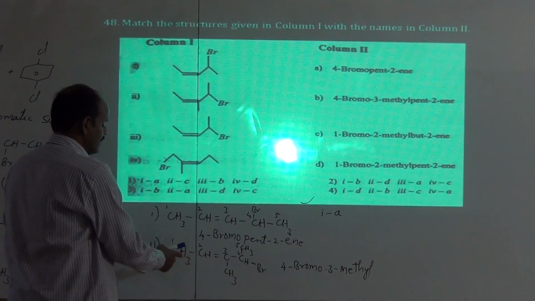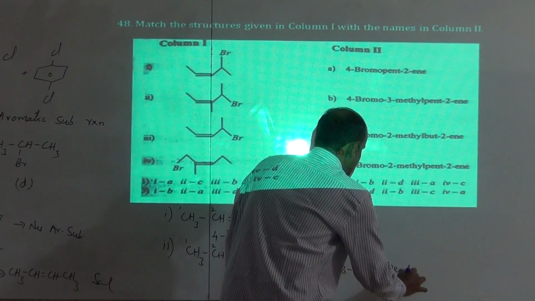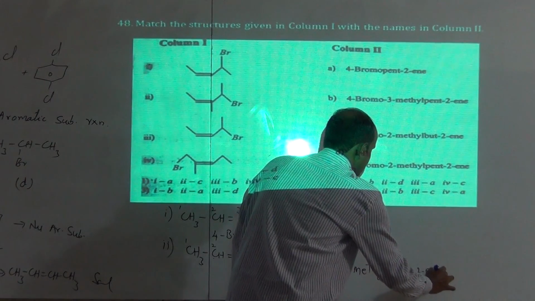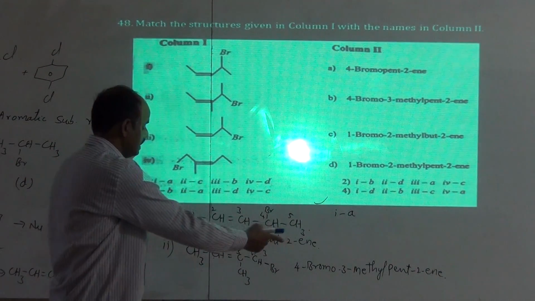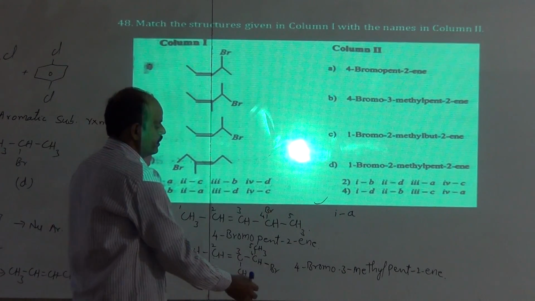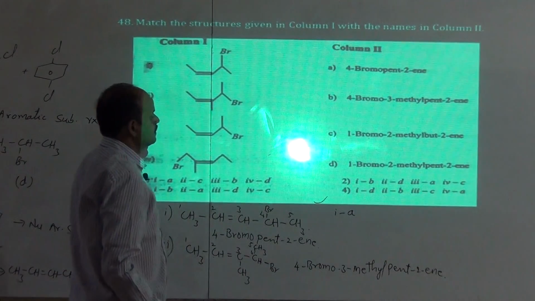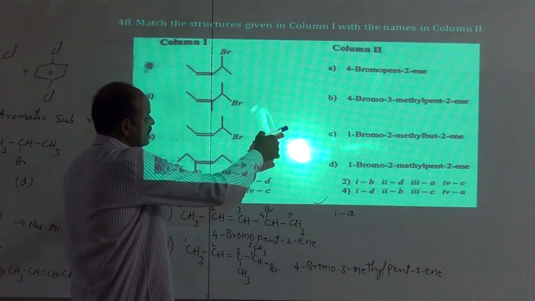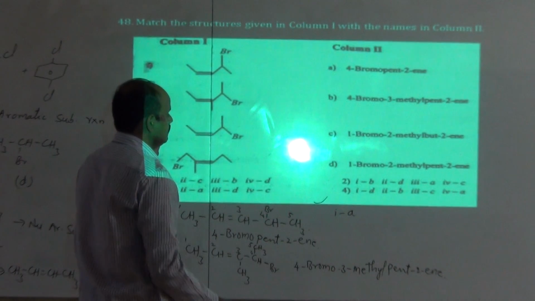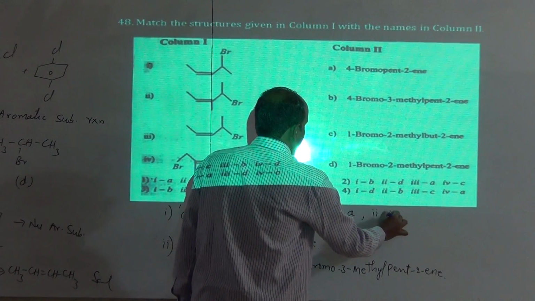Next total 5 carbons, pent, double bond is present on second carbon, hence 2-ene. Where is that one? 4-bromo-3-methylpent-2-ene. Okay, the second one is B.